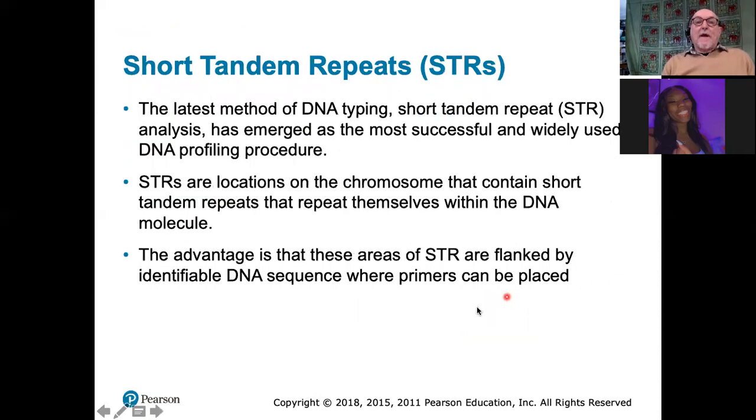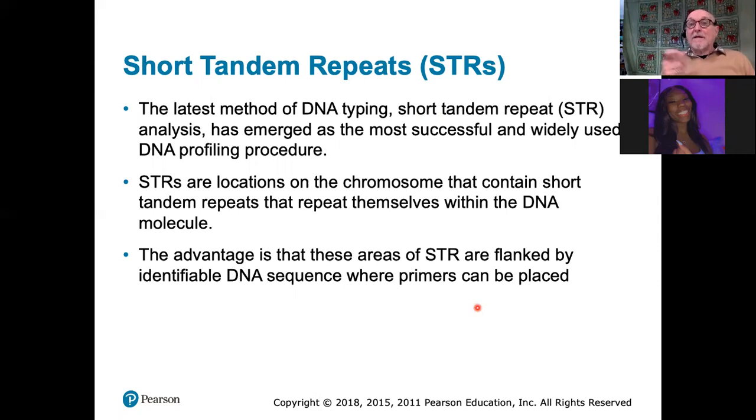Okay, so the advantage of this polymerase chain reaction is that we can make use of another kind of tandem repeat which occurs in the human genome. It's very common in the human genome. There are many sites at which short tandem repeats occur. Remember that the RFLP depended on those very big repeating segments.